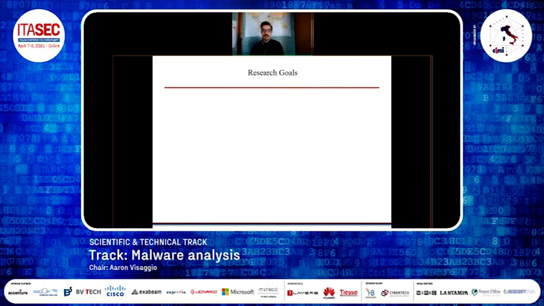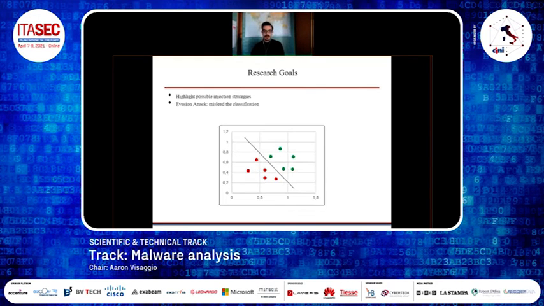So our goal with this work is to highlight what injection strategies attackers have to create real-world evasive samples. Basically, an evasion attack consists of manipulating a malicious sample to mislead a classifier and make it identify that sample as a benign one.